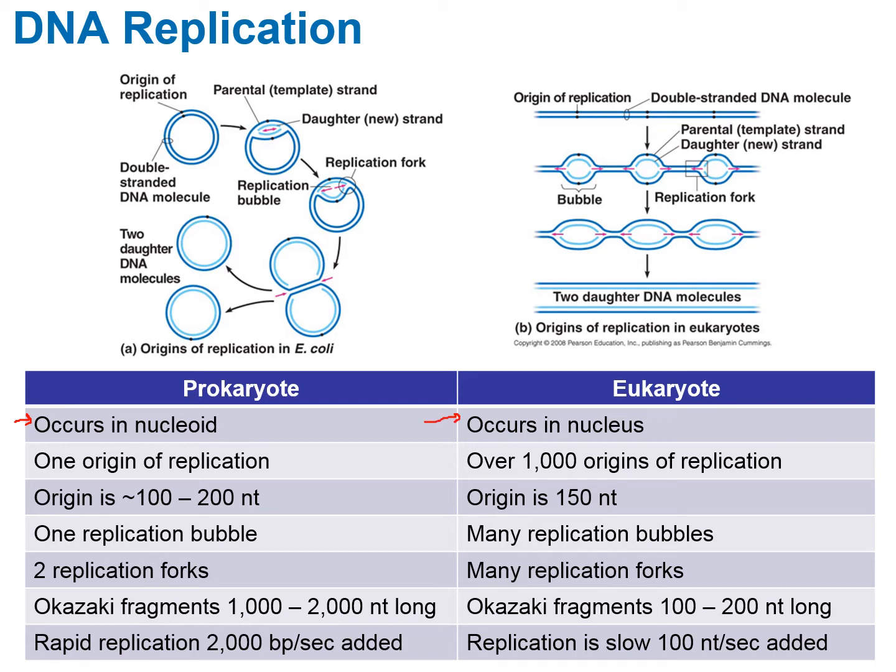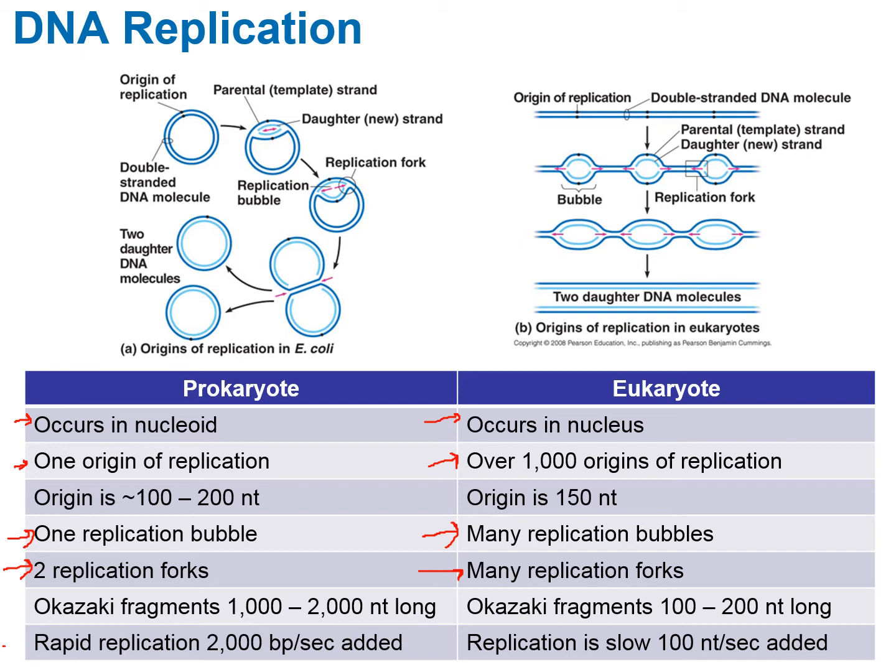For your prokaryotes, typically there's only one origin of replication, but for your eukaryotic chromosomes, there can be thousands. We'll get one replication bubble for your prokaryotes. For your eukaryotes, we'll get many replication bubbles. This also means that we get two replication forks for our prokaryotes, but many replication forks for our eukaryotes.